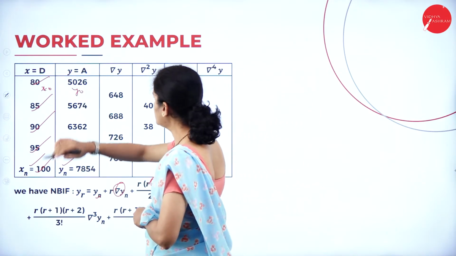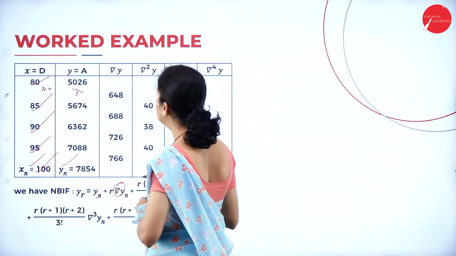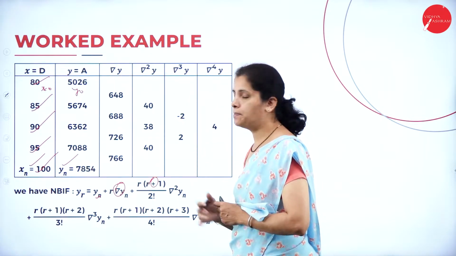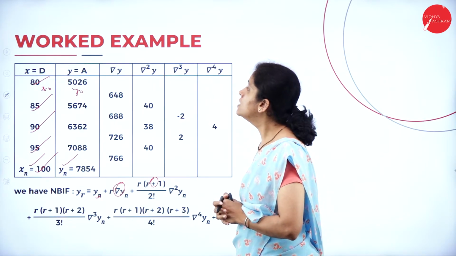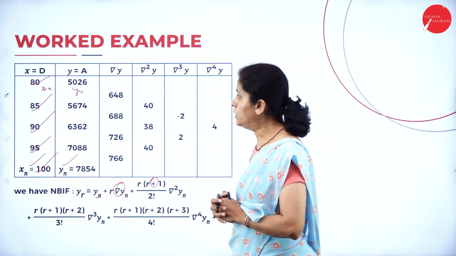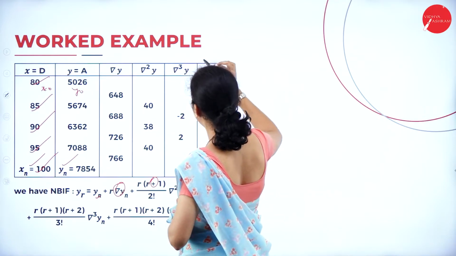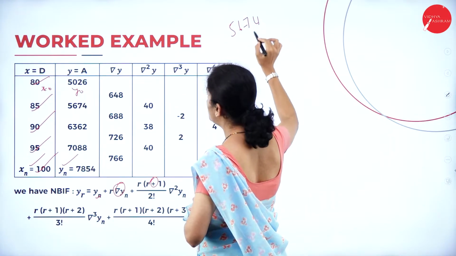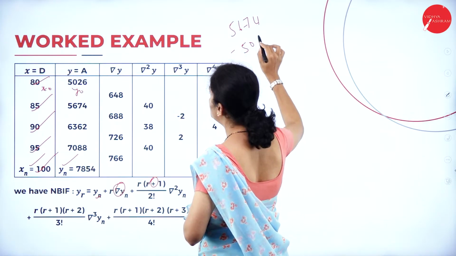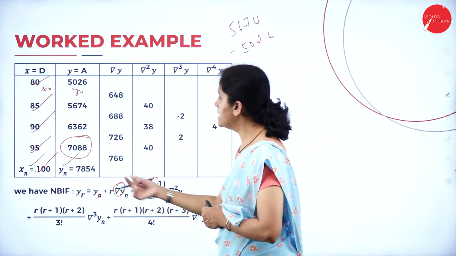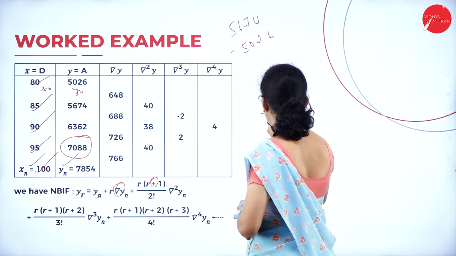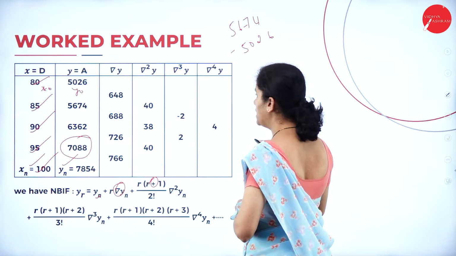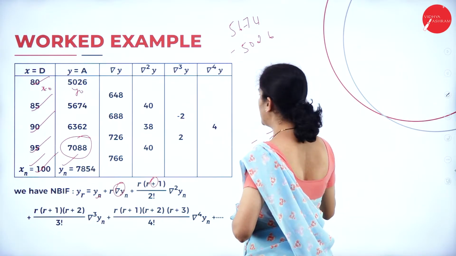Now see here, if I consider this table and how I'm going to subtract the values, that is I can consider 5674 minus 5026. Now see here, I have 7854 minus 7088.